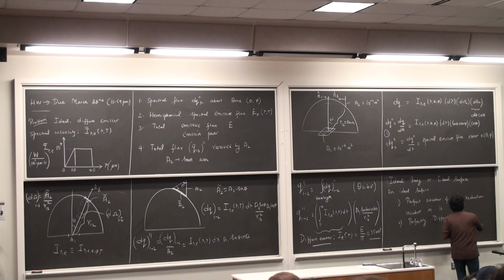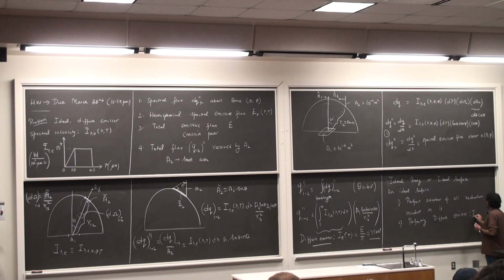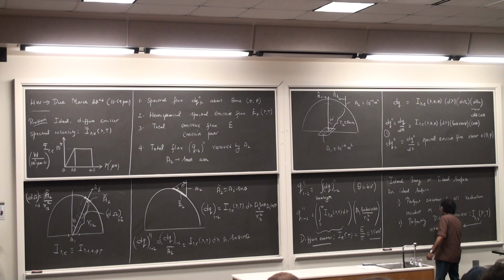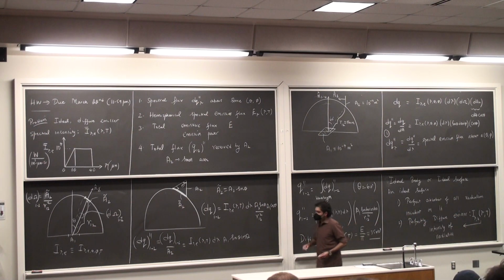And so here I'm going to say that the intensity that is emitted is I lambda comma b, the subscript b indicating that this is an ideal surface or an ideal body. This is going to be a function of only the wavelength and the temperature. This is the intensity of emitted radiation. We will use the same for emission and absorption as well, so I will not characterize it that way.